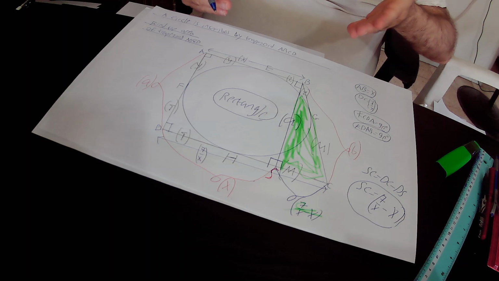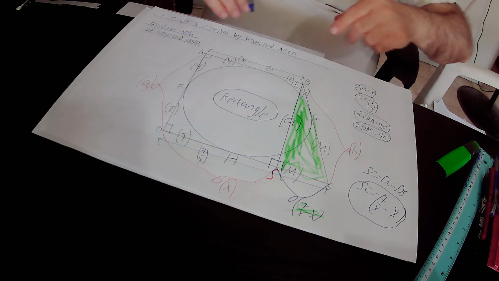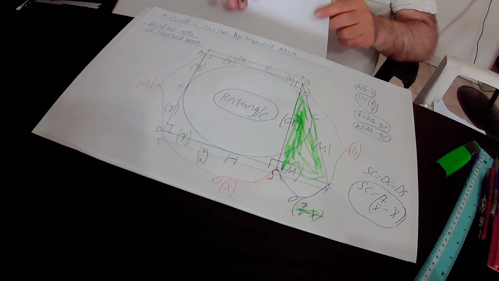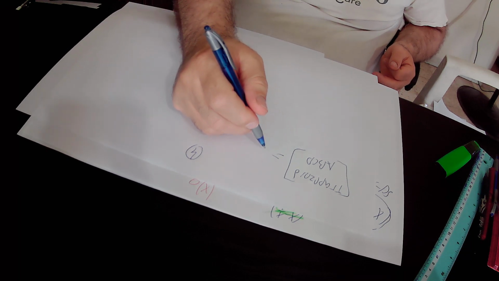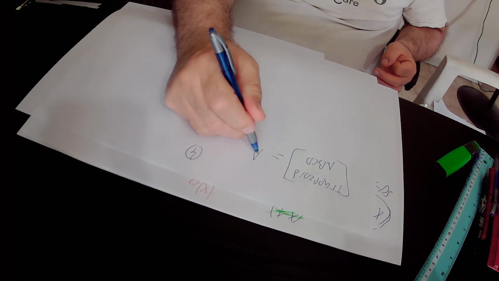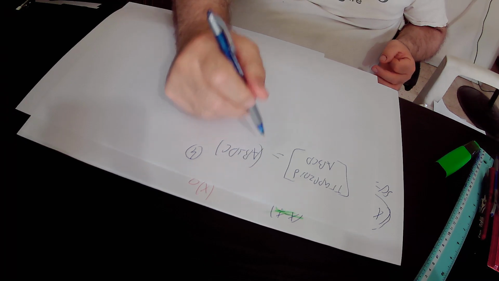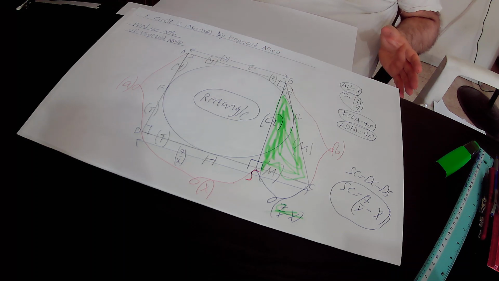The sum of the two bases is AB plus DC. So the area of trapezoid ABCD equals the sum of the two bases, AB plus DC, times the height over 2. The height must create 90 degrees with the two bases.